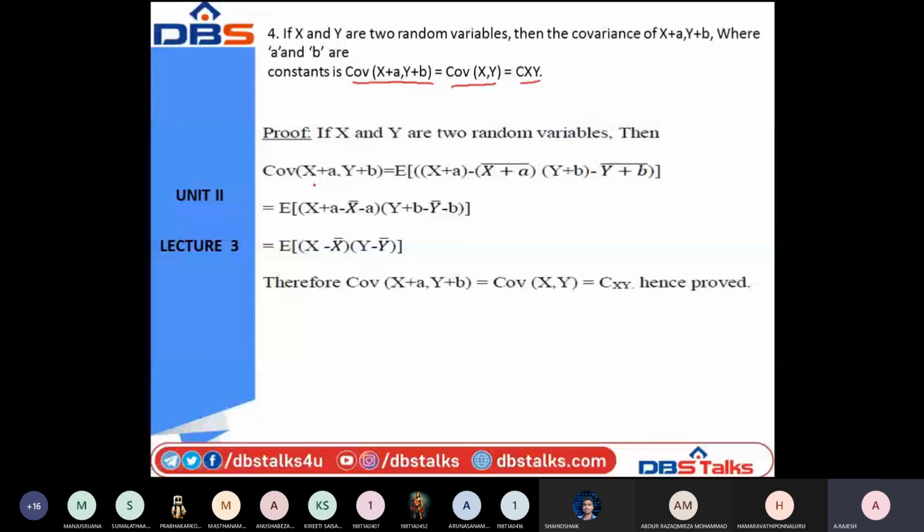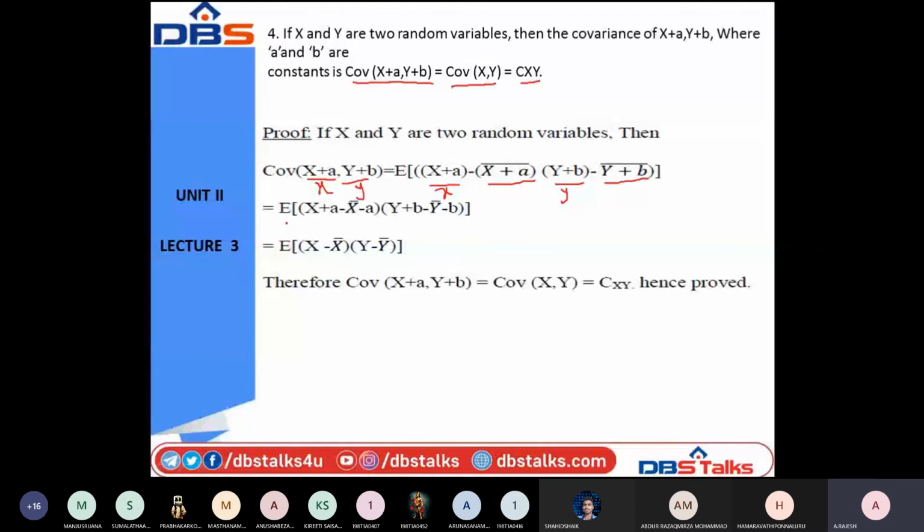Let this be X and let this be Y. So covariance of X comma Y can be written as E of X minus X complement into Y minus Y complement.